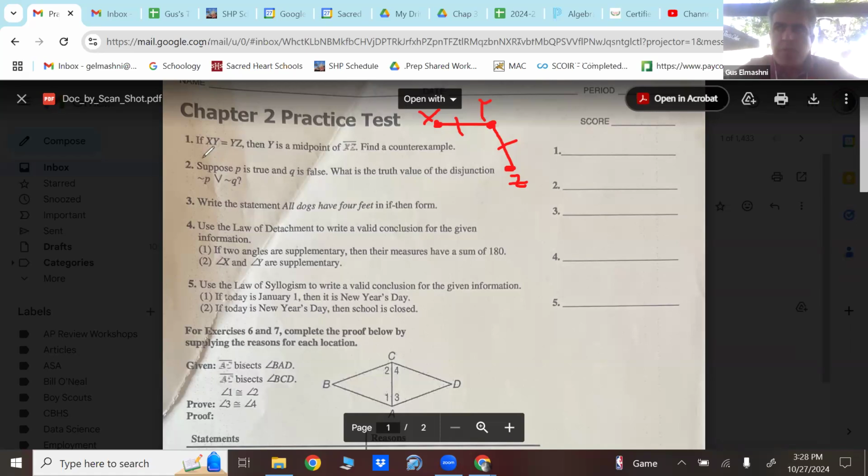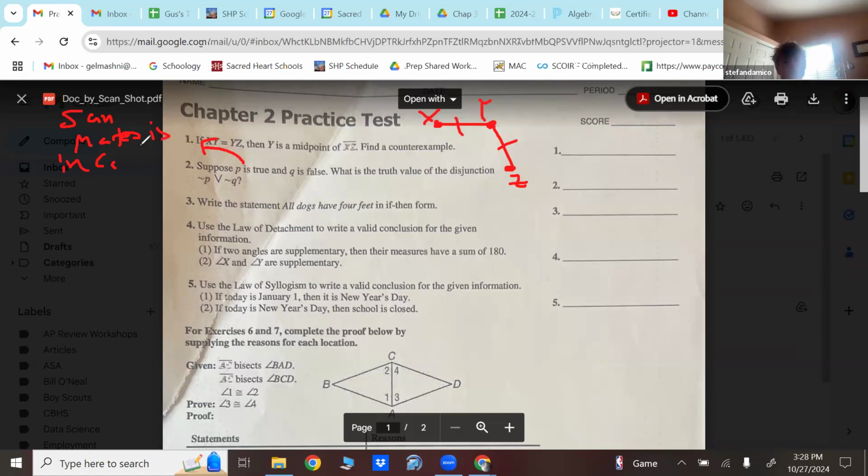Let's say statement P is San Mateo's in California. But the one is a union.